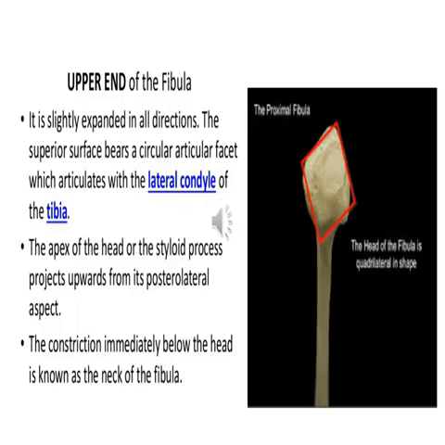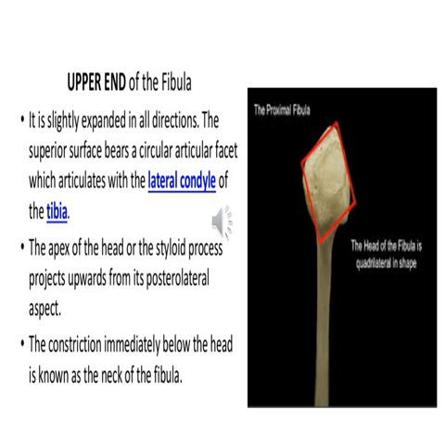In this picture you can see the upper end of fibula. The features of the upper end of fibula are the head and a neck. The head of the fibula is expanded in all directions, and on the superior surface of this head, you can see a circular articular facet. That is going to articulate with the lateral condyle of the tibia.